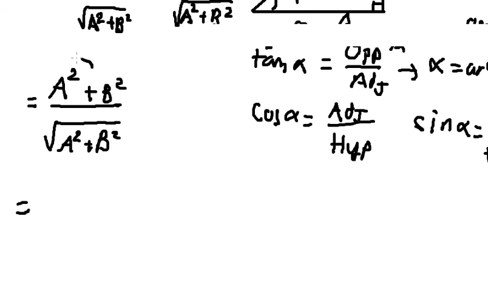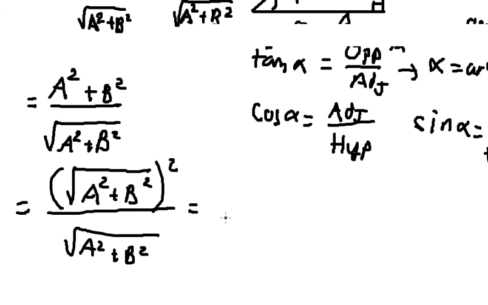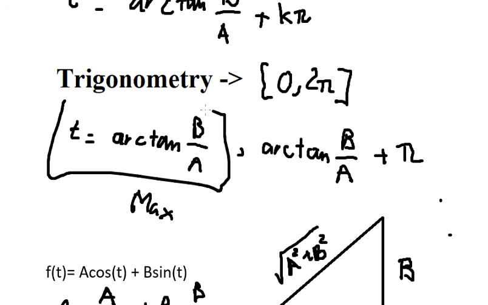We know that this one is the square root of a square plus b square, everything to the power of 2, over the square root of a square plus b square. And we have the square root of a square plus b square. And this is for the first one.